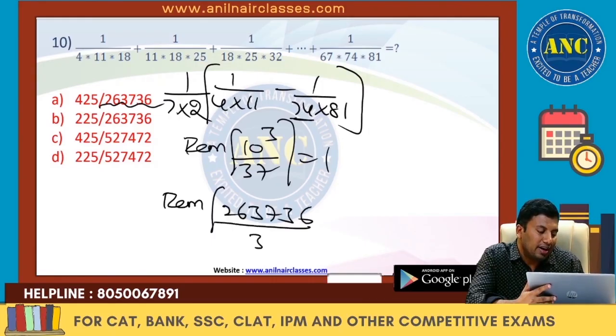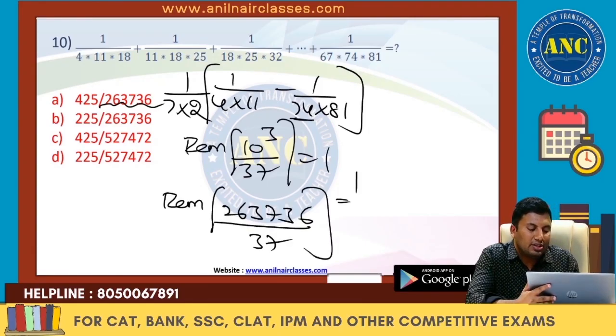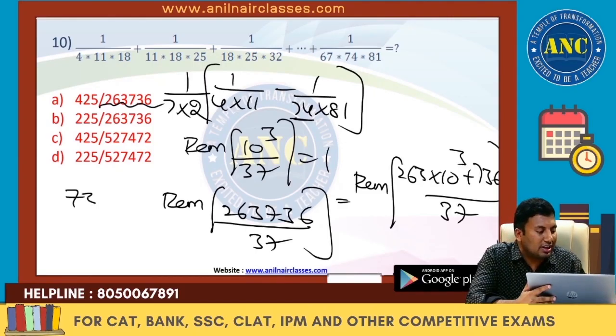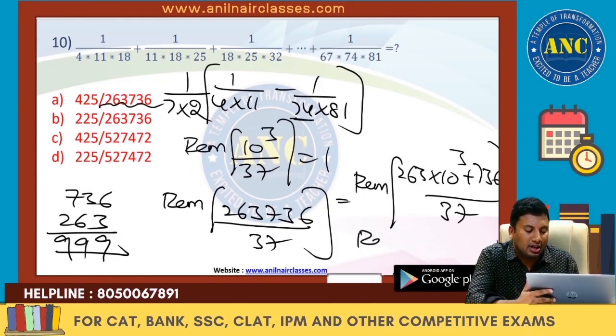263736 divided by 37. These are nothing but a remainder of 263 into 10 cube plus 736 divided by 37. 263 plus 736, 999. So, 999 is nothing but 37 into 27.